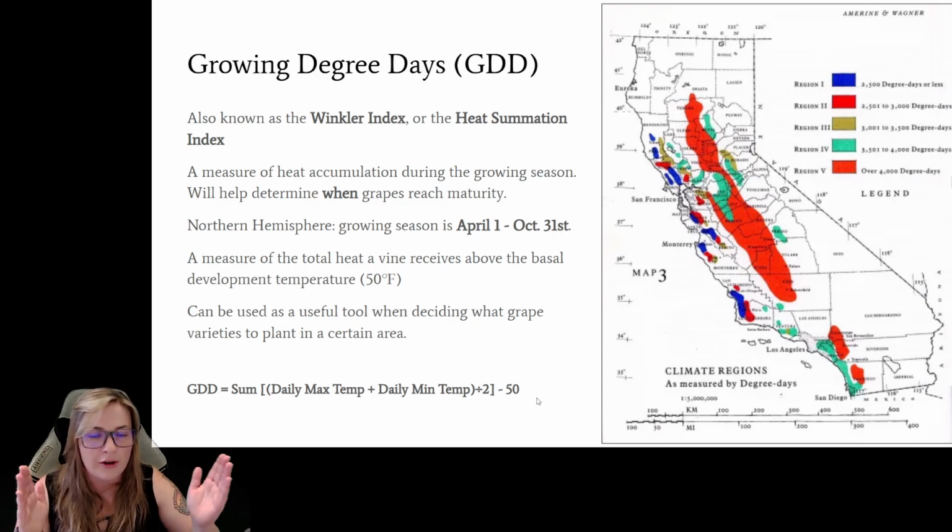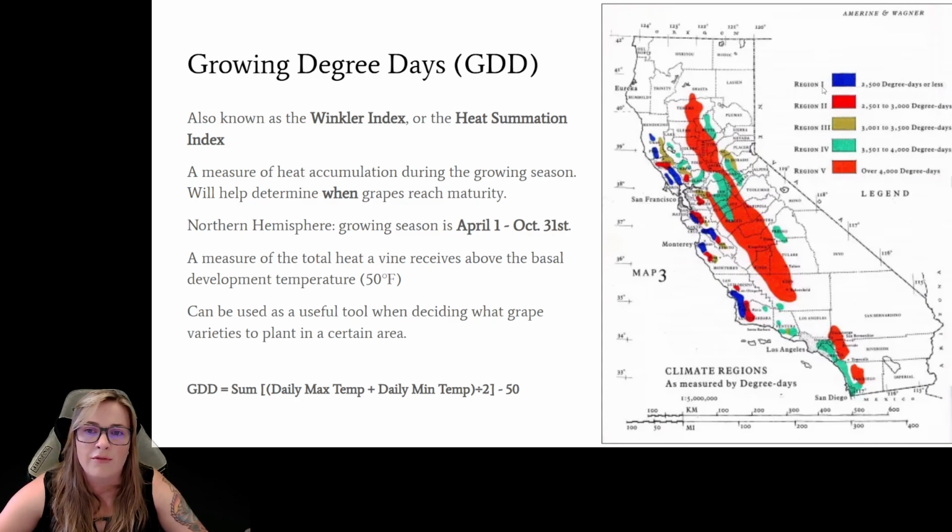So you do that for every day, and then you just get this very large number, right? And that will place you in a region. We typically have regions 1 through 5 in our Winkler Index, with 1 being the lowest, the coolest growing degree days, and 5 being the warmest or hottest climate that you can have for growing degrees.